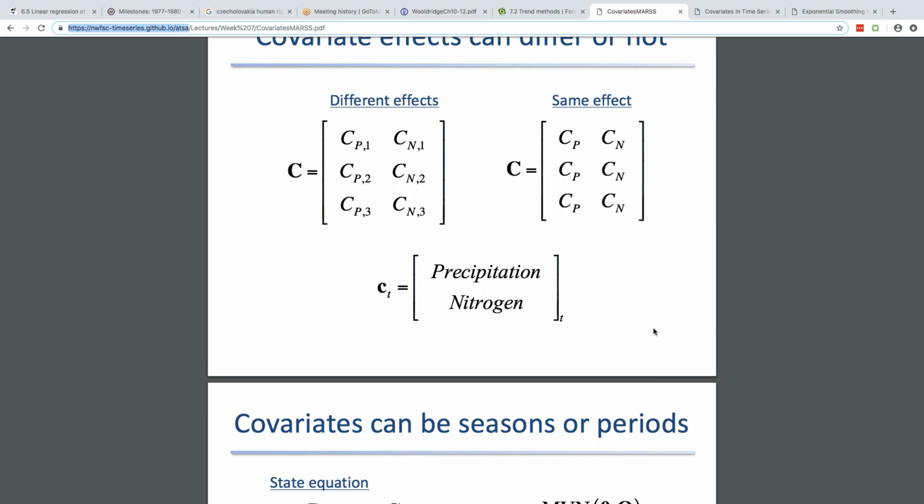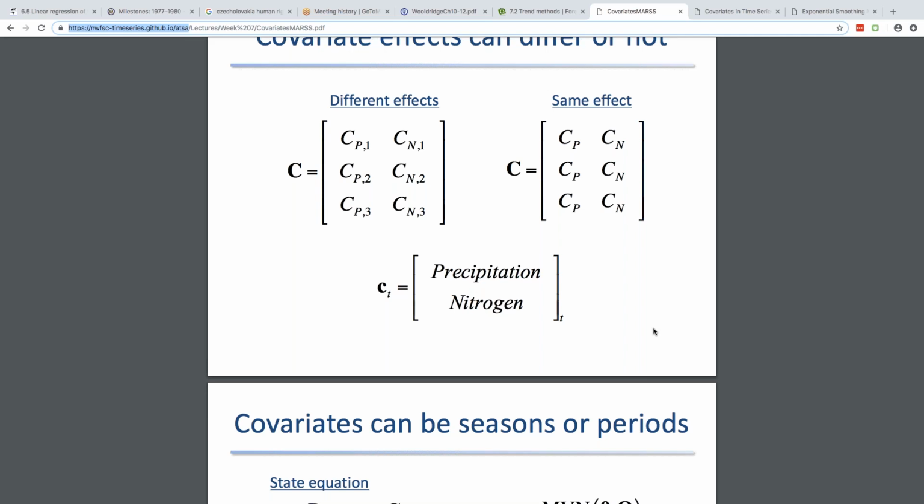Or we might want to test a different model, which was that the effect of precipitation and nitrogen are population dependent. So that might be just a hypothesis that we have, is which one is it? We could test that by looking at the data support for these 2 models.